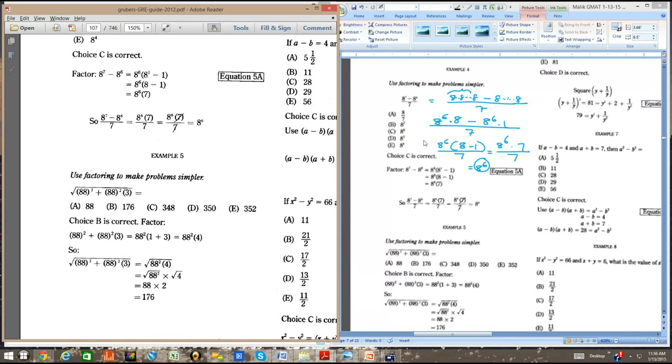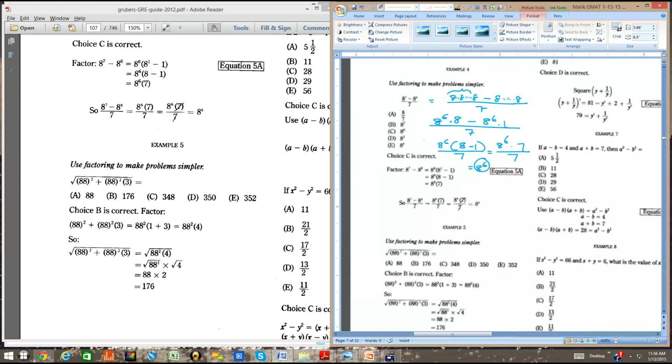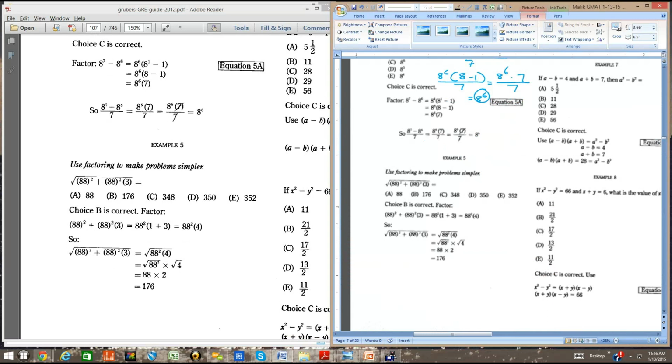Okay. Example 4. Actually, example 5. 88 square plus 88 square times 3. So we need to notice that this equals 88 square times 1 plus 88 square times 3.